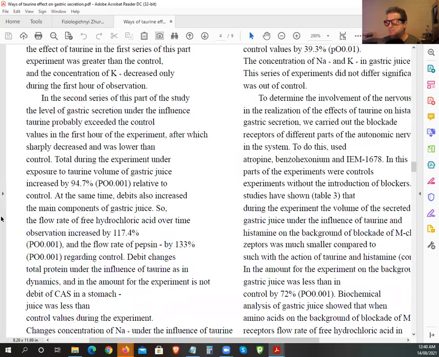Also, the flow rate of free hydrochloric acid over the time observed increased 117.4%. Pepsin, 133%. And look at the values. These are highly statistically significant in regards to the control.